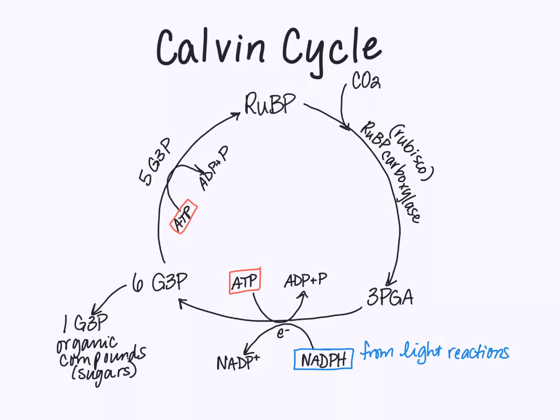And so we can divide this cycle into 3 sets of reactions. The first series of reactions is called carbon fixation. The second set of reactions is called carbon reduction.